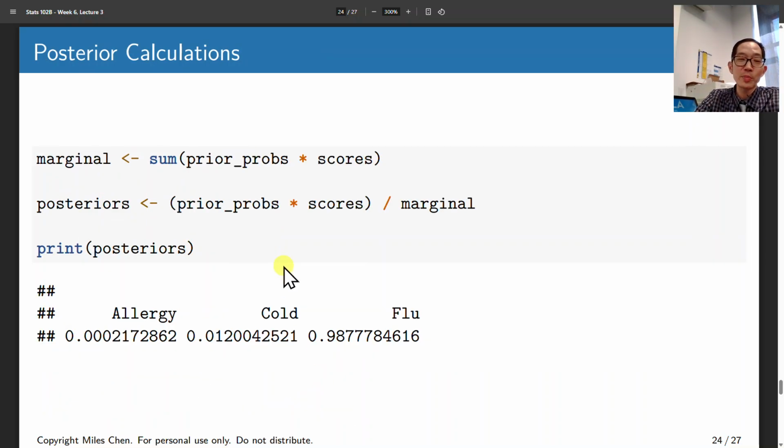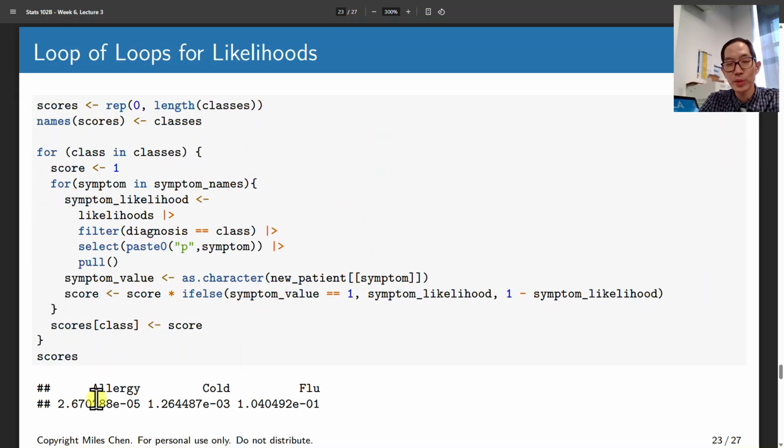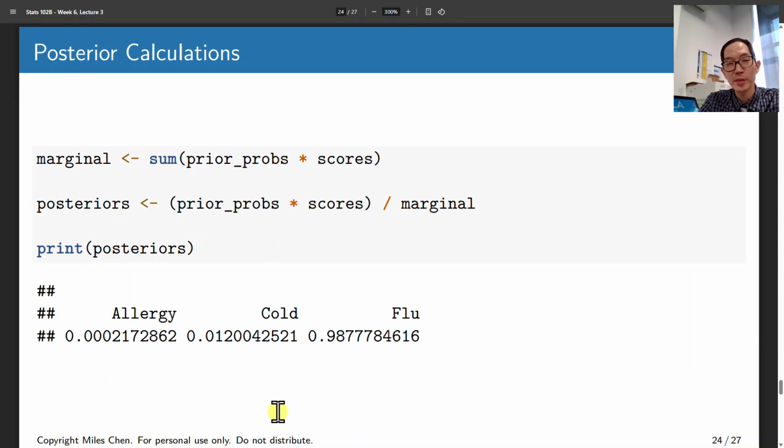And so to get our posteriors, our numerators will be our prior probabilities. Again, this is the vector of 30% for allergies, 35% for cold, 35% for flu. We'll multiply that by our scores, and sum them up. Our posterior will be our numerators divided by our marginal probability.